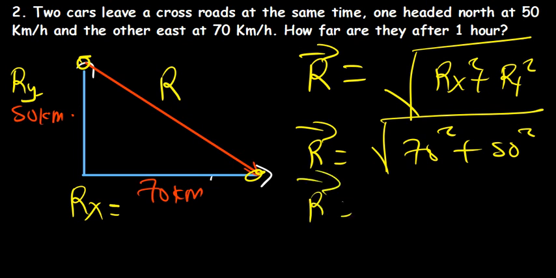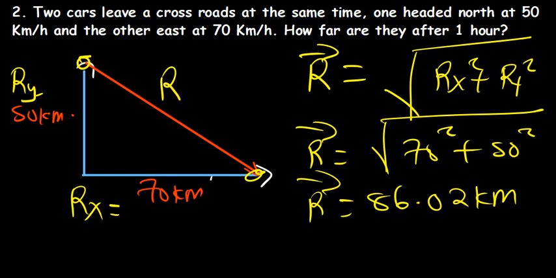So I'm expecting my distance to be equal to the square root of 70 squared plus 50 squared. I'm getting 7,400. I get the square root of that. I'm getting 86.02 kilometers.